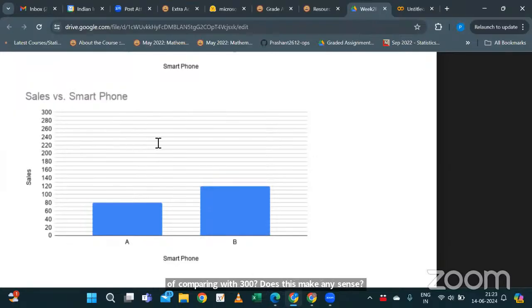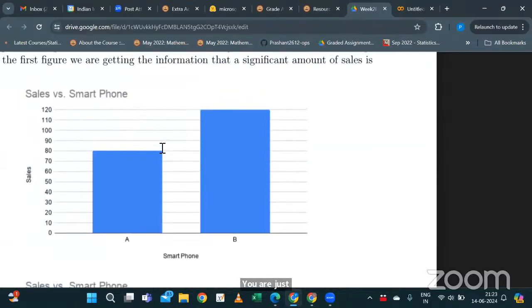So if you see in this case, it seems like a significant amount of sales of smartphone A and smartphone B, right? Yes, sir. So there is no meaning in doing that scaling.